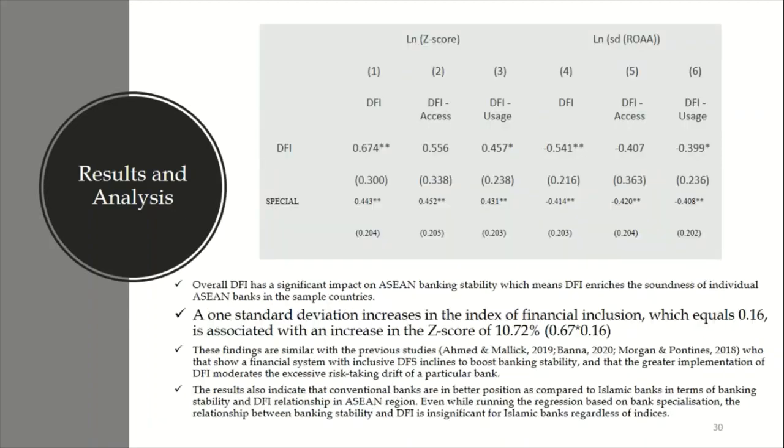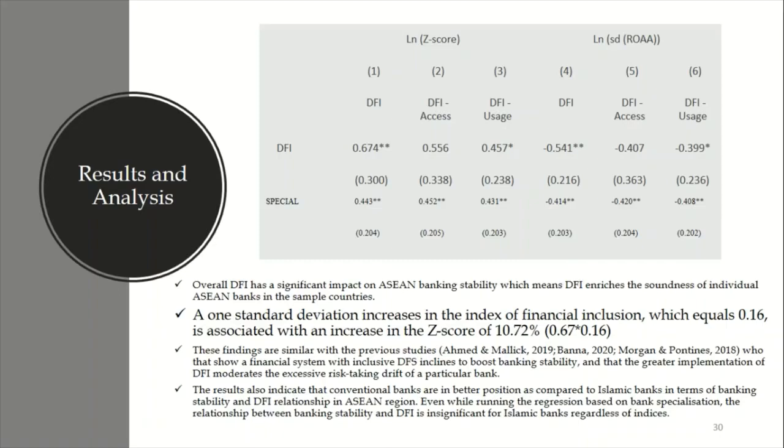And here we can compare between the Islamic and the conventional banks. We can see that conventional banks are more sensitive than Islamic banks, and a significant relationship has been found for the commercial, that means the conventional banks, and then the Islamic banks.